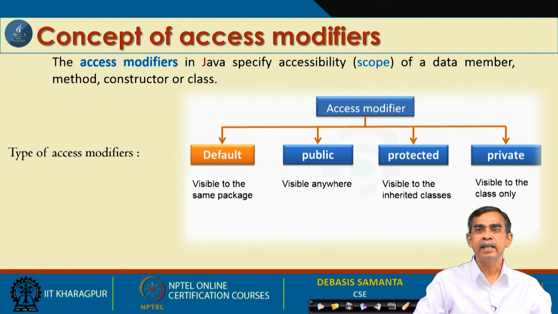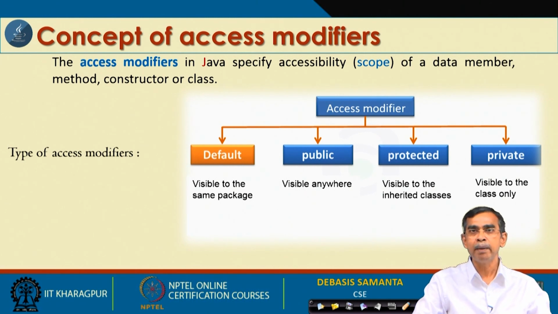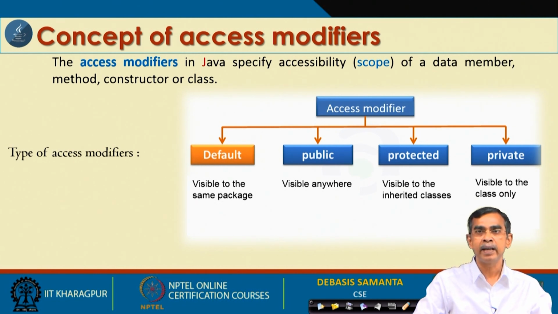That means any method belonging to any class can access that kind of member. On the other hand, if it is protected, then that member cannot be accessed by all classes; it can be accessed by any method that belongs to any inherited subclass.